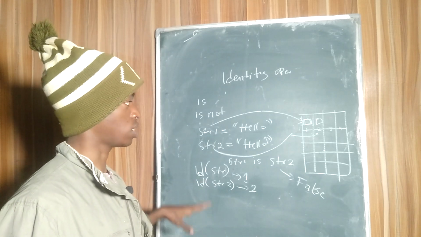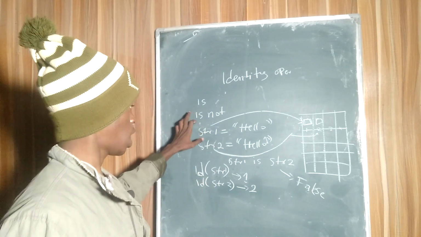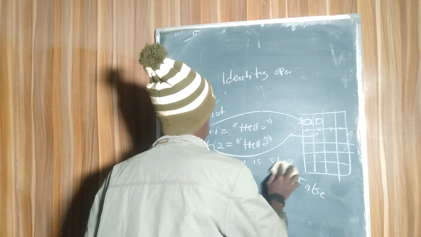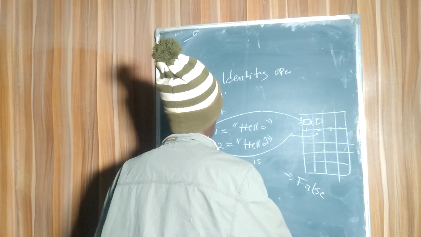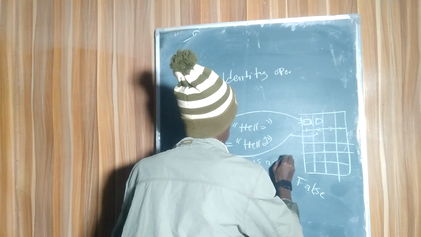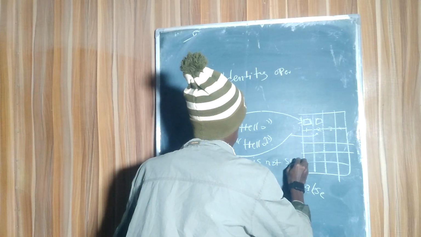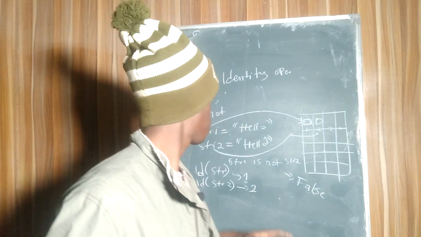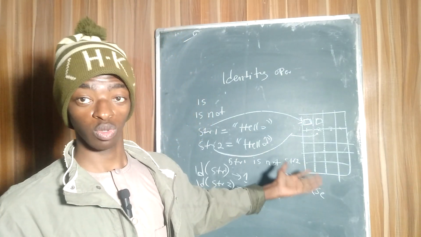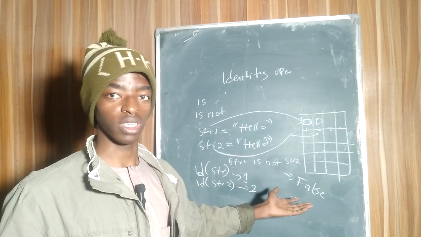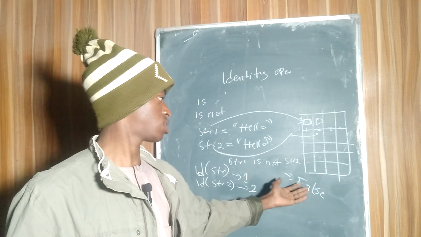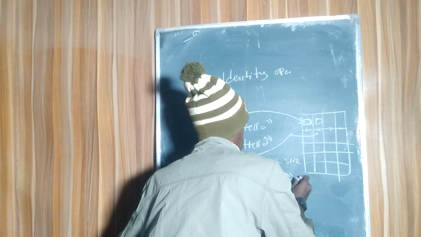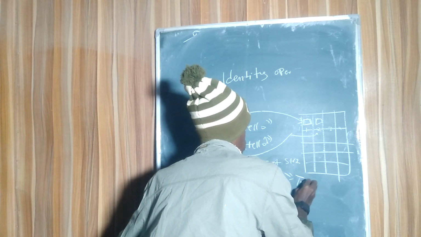So I hope you understand what the identity operator is. And what about is not? Then is not is just like a confirmation, like string 1 is not string 2. So now we just want to confirm, okay, string 1 is not string 2, right? Then the program will say yes, it's not. Then you're going to see the output of true, not false, because yes, they are not the same.